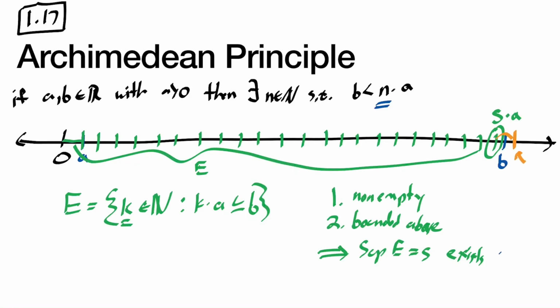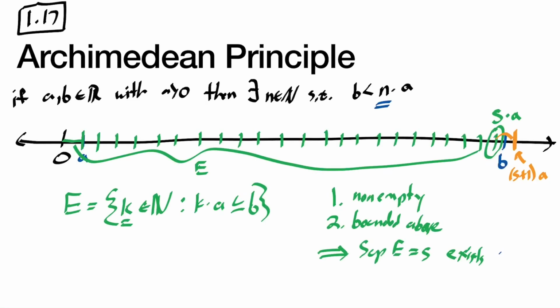Well, if we add one more section, we get S plus 1 times A, and now we have to be bigger than B. And so now all that's left in the proof is going through the details to prove that once we added that 1, we absolutely got a point that's bigger than B. So again, read through the theorem and see for yourself how the book takes this picture and turns it into a nice proof.